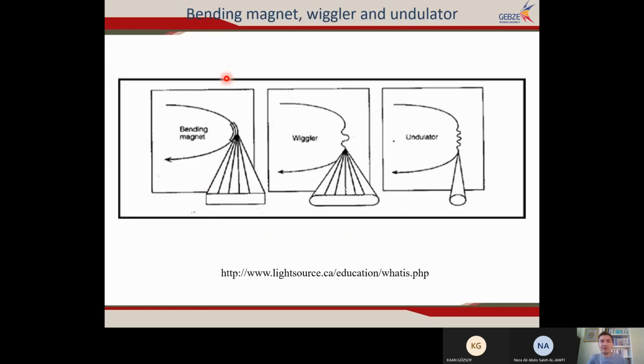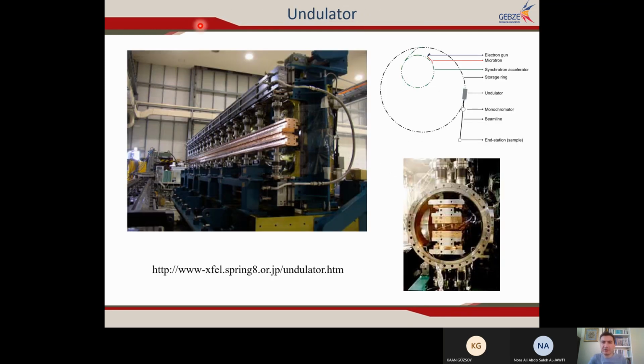Now let's compare the intensities of bending magnet, wiggler, and undulator. As I told you, in the synchrotron light sources in the storage ring, we have bending magnets to keep the electron in a circular orbit. We have undulators and we have wigglers. So within each device, we produce X-rays.